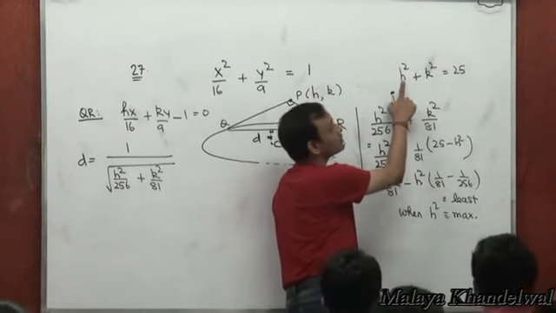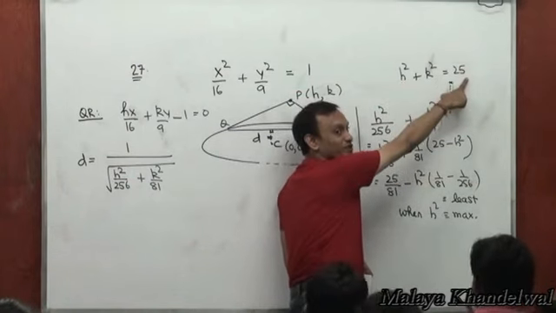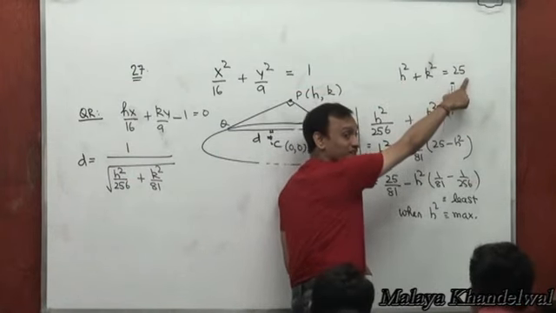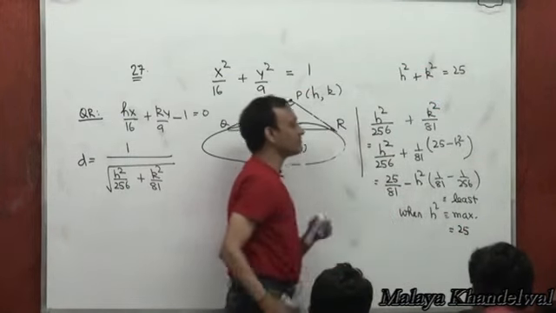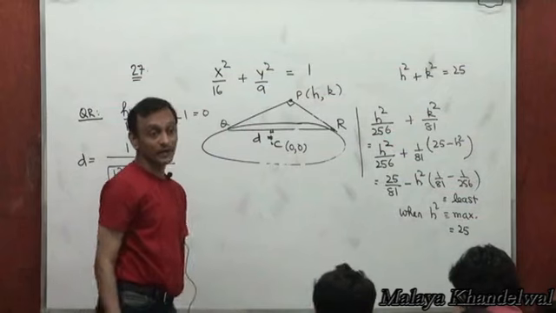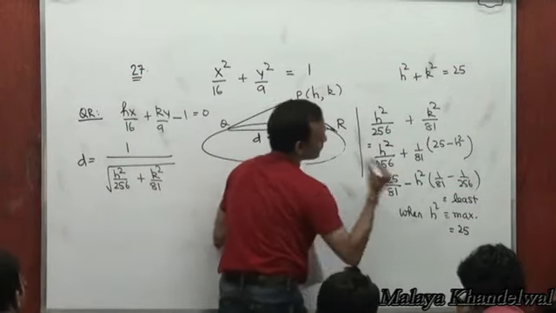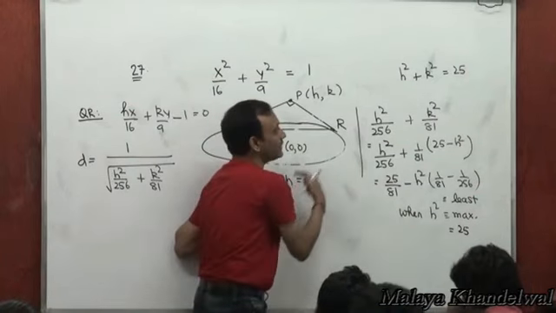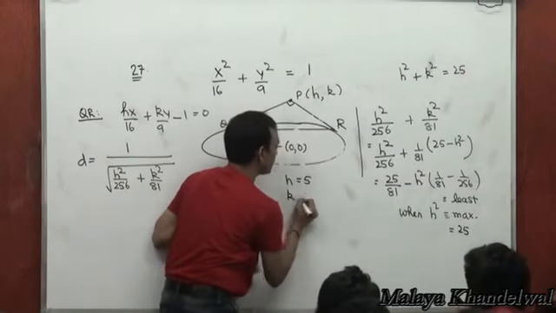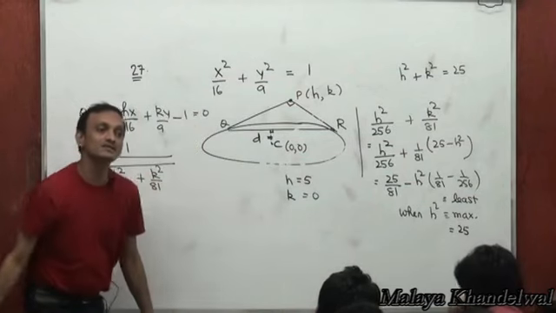Realize that the maximum value of h squared is 25 here. Yes or no? The maximum value of h squared is 25, right? So h squared should be 25. So h, for example, could be 5. And if h is 5, then k is 0.